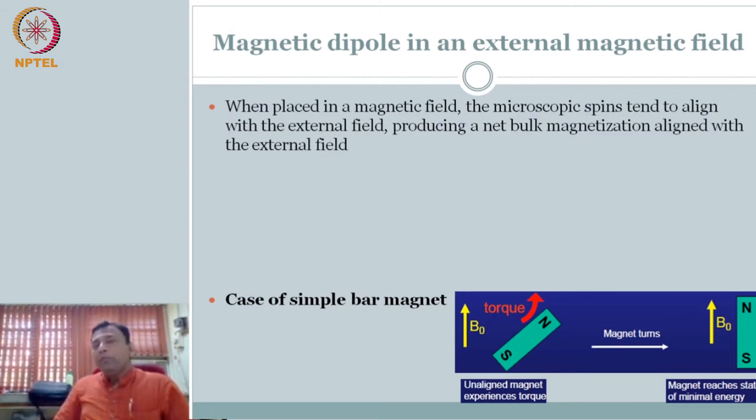Now, what do you expect of your spinning charge, which has a magnetic moment, if you put it in an external magnetic field? Here B naught in this diagram is the Earth's magnetic field, but let's say for the spin I have another magnetic field and I place the spin in it. What is going to happen?